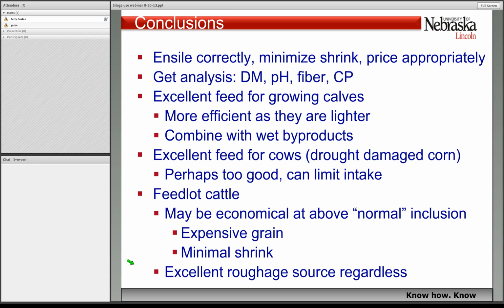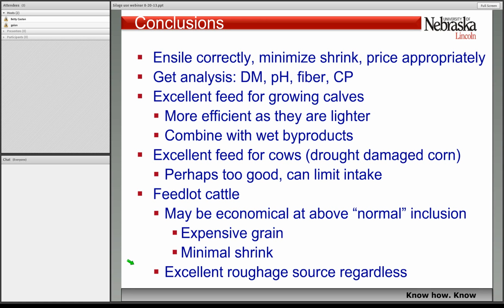For feedlot cattle, it may be economical at above normal inclusions, being 12 to 15% on a dry basis. It may be economical to go to 30, especially when grain's expensive and we can minimize shrink. If grain was relatively inexpensive again in the future, some of these issues go away and may not be as economical.